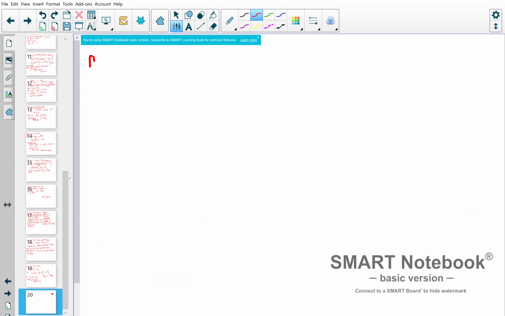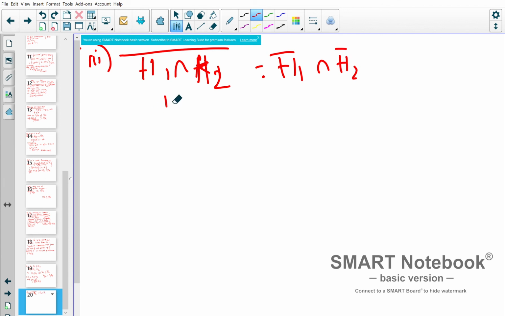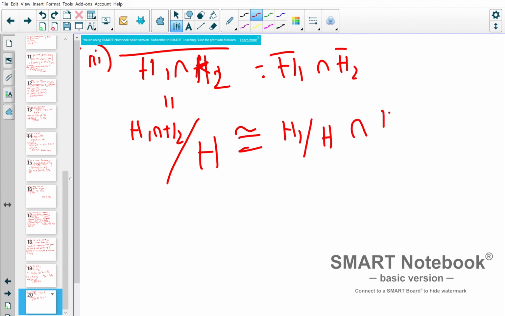Similarly, you can prove that for intersections, the image of the intersection is the intersection of the images. So H1 intersection H2 mod H is, up to isomorphism, the same as H1 mod H intersection H2 mod H.